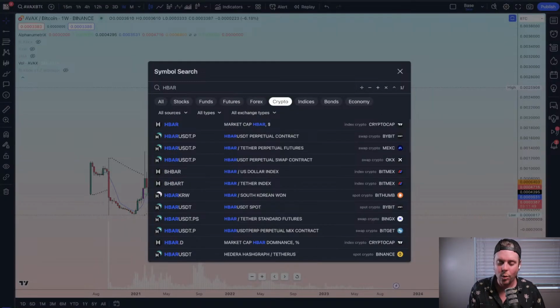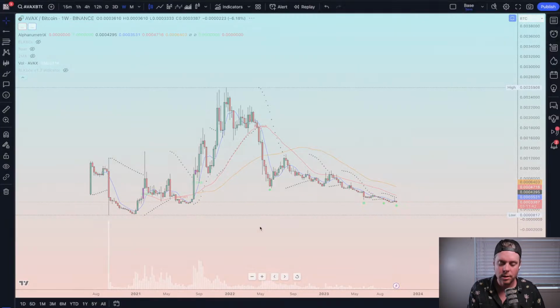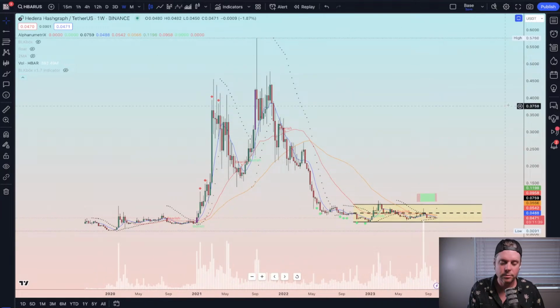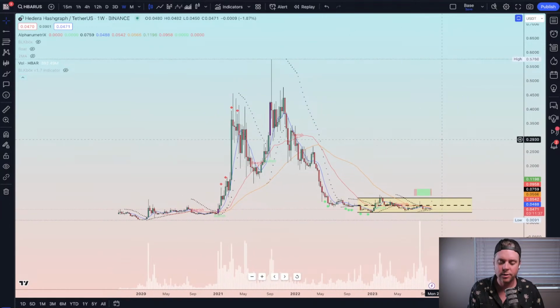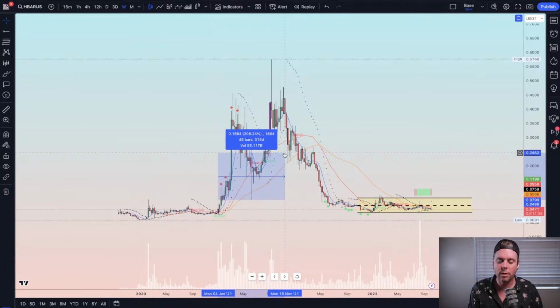What's up with H-bar? Why does everybody love H-bar? Genuine question. I don't know why people love H-bar so much. It really didn't have much of a bull market. It's a very short period of time where it was bullish, but I hear H-bar all the time. It was only bullish for 315 days, but people talk about it like it's created incredible gains.